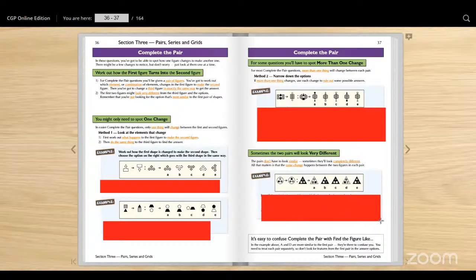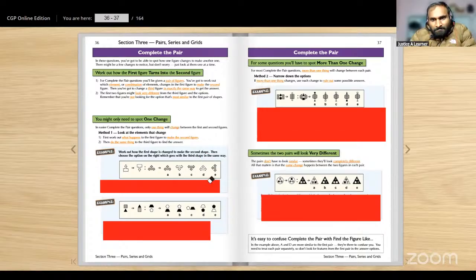So the first one is facing up, then it's facing down. So the only difference is that the arrow that's facing up needs to be facing down. So the answer could be C and it could be B. But how I know that it's C is because the color in the first one is white, in the second it's also white. So in the third one it's grey, so in the fourth one it should be grey. What is your answer? C.